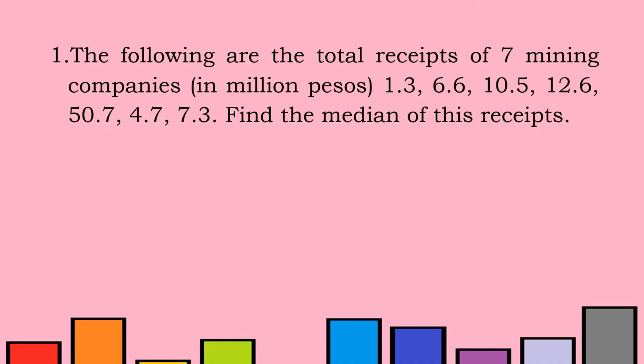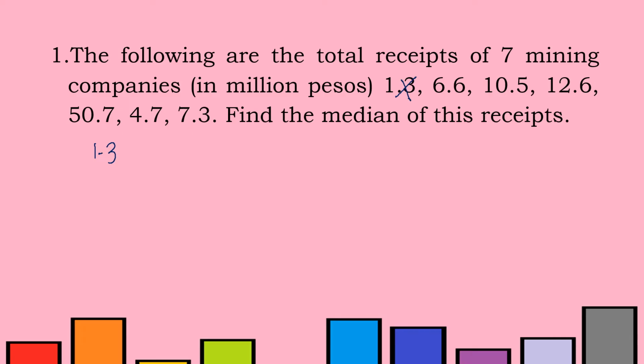As what I've said, to have common steps, let's always arrange the data in increasing order. Okay, so I think we will start with 1.3 million. So let's cross this out.